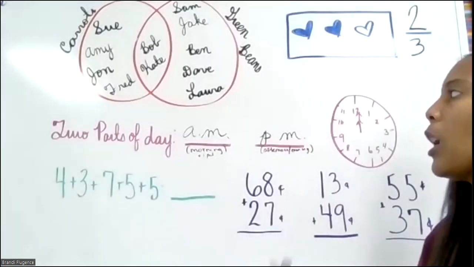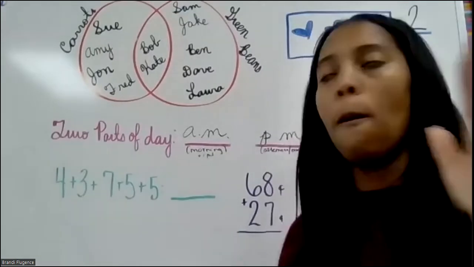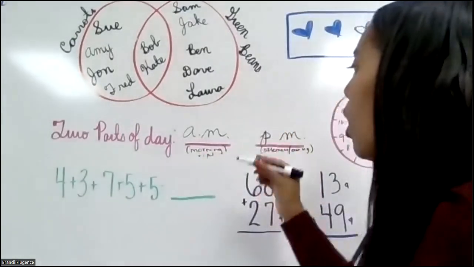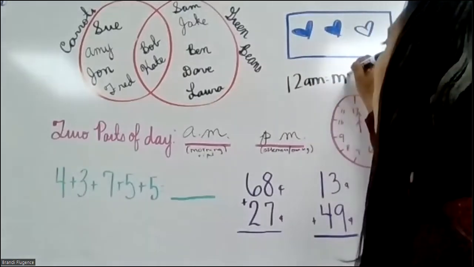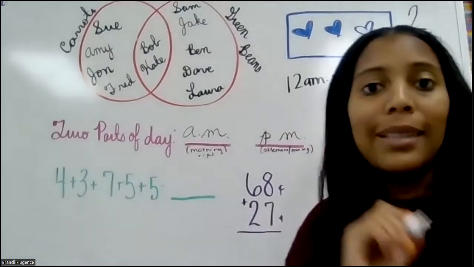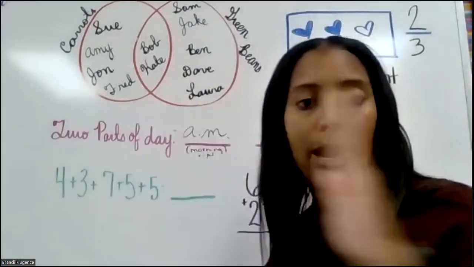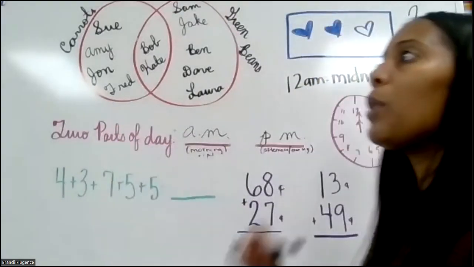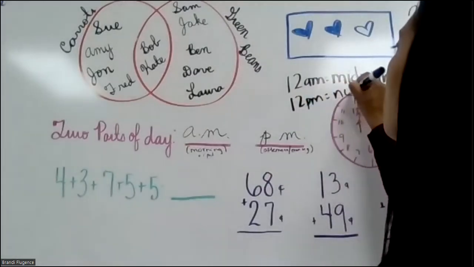So based on the two parts, it goes from 12 to 12. We have 12 in the AM, we call that midnight. So 12 AM is called midnight. So from 12 AM until 11:59 AM, that's our AM portion of the day. Then when we hit the 12 the second time, we have 12 PM, which is called noon.